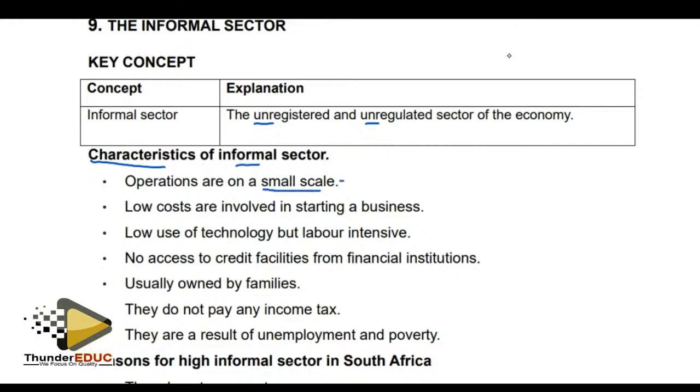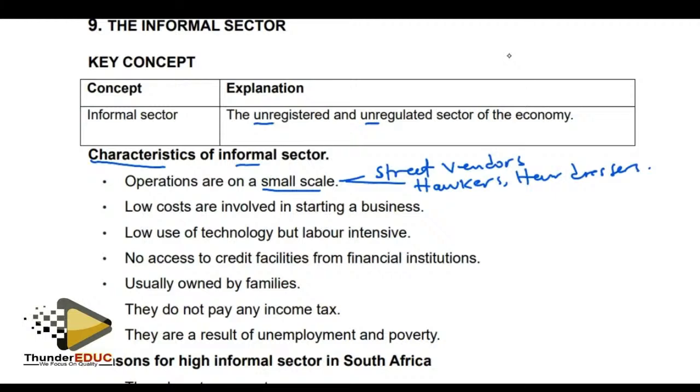For example, street vendors, hawkers, hairdressers. Most of these have businesses on a small scale, meaning they don't usually have businesses on large scales.